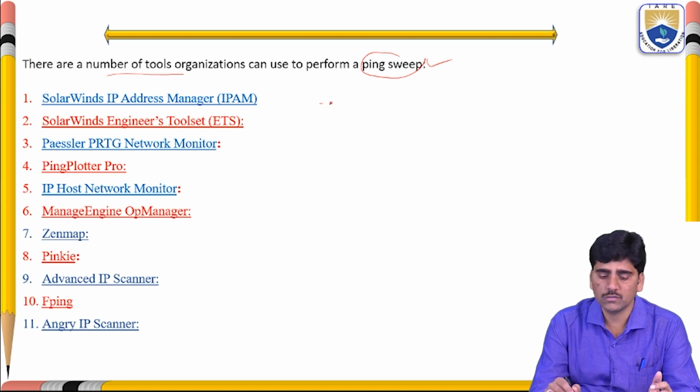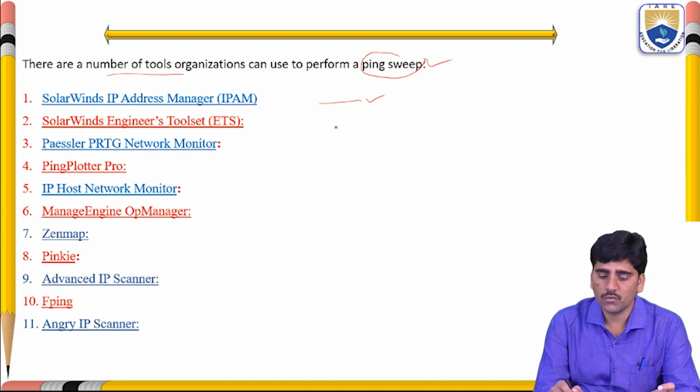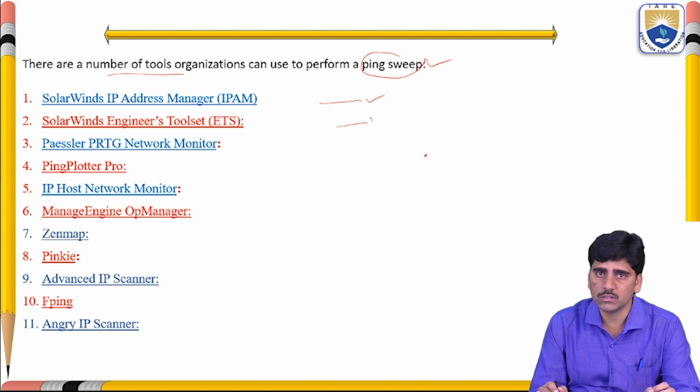One is SolarWinds IP Address Manager, which we can call IPAM. Then SolarWinds Engineer's Toolset, Paessler PRTG Network Monitor, PingPlotter Pro, IPHost Network Monitor, ManageEngine OpManager, Zenmap or Nmap, Pinkie, Advanced IP Scanner, fping, and Angry IP Scanner.